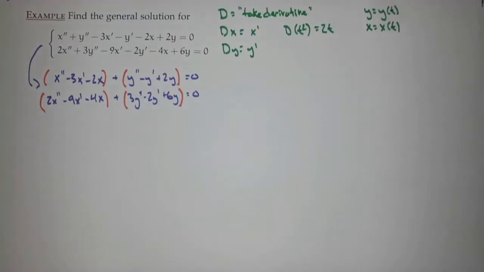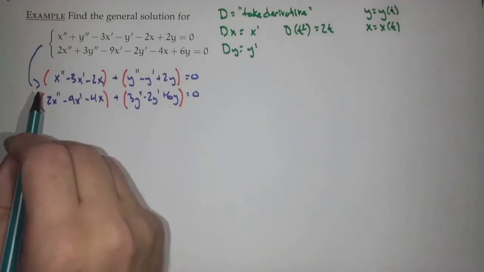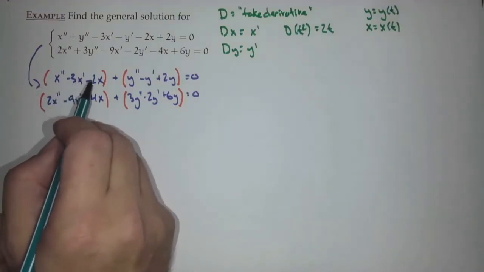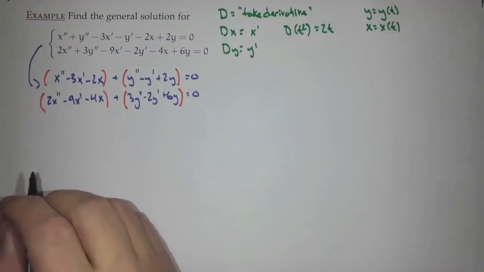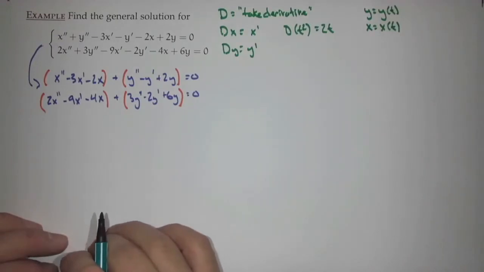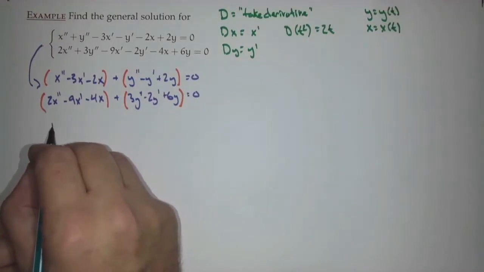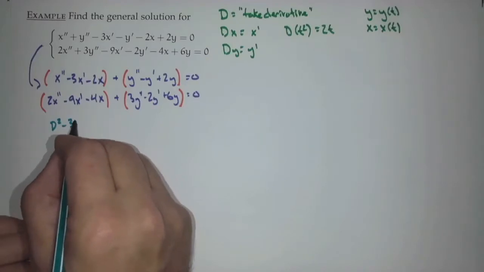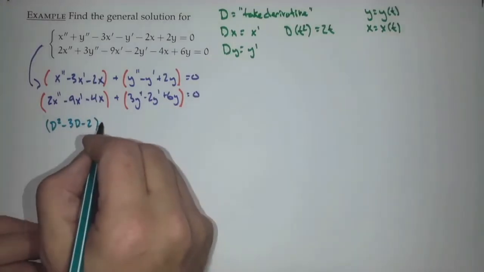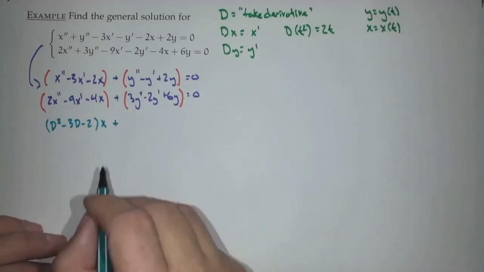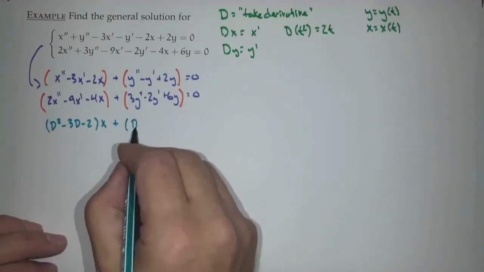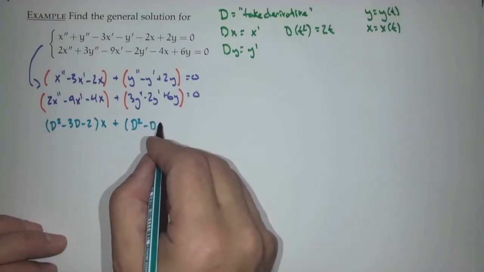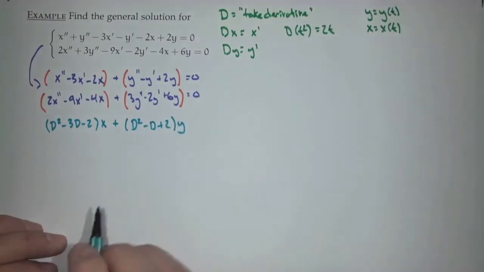All right, so now we're going to use that notation and rewrite our relationship. So for example, x double prime minus 3x prime minus 2x, using this symbol D, what does it become? D squared minus 3D minus 2 times x. How about y double prime minus y prime plus 2y? D squared minus D plus 2 times y.